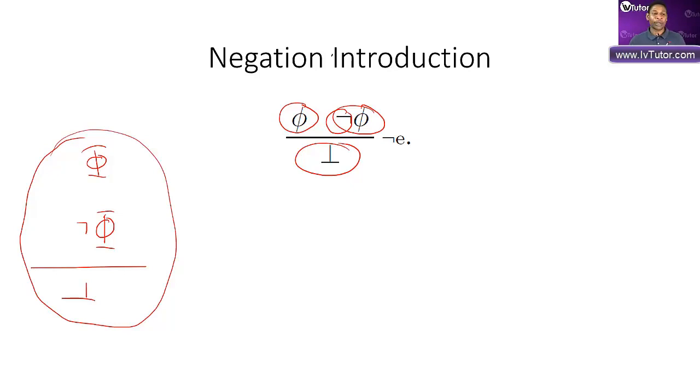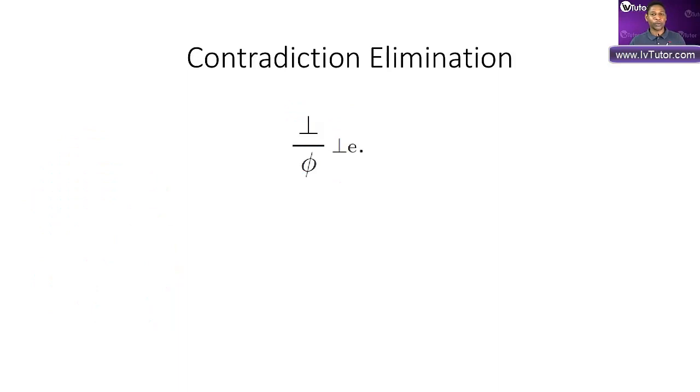And then one of the most powerful rules that we have is the fact that if you have a contradiction, then from there you can conclude that anything is true. I'll make a silly example.